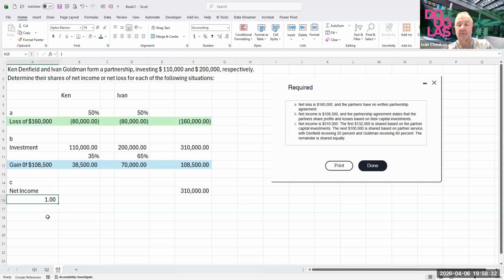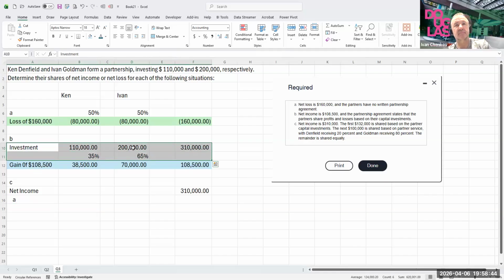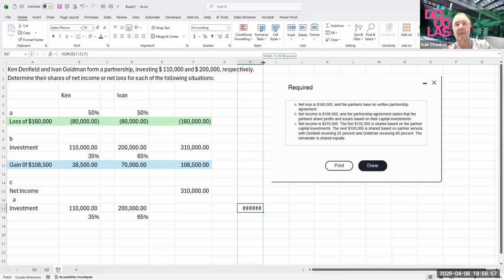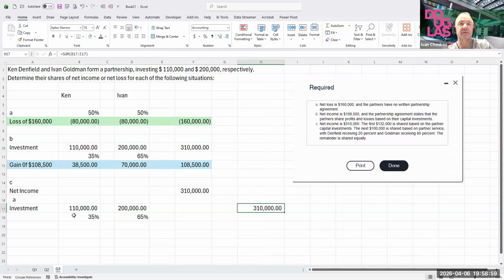So that will be number, let's put it here, A. Investment, how much is the investment? Investment is right here. And now I'm going to move this one away so that it doesn't mix with our calculation. So the investment is 35 and 65.